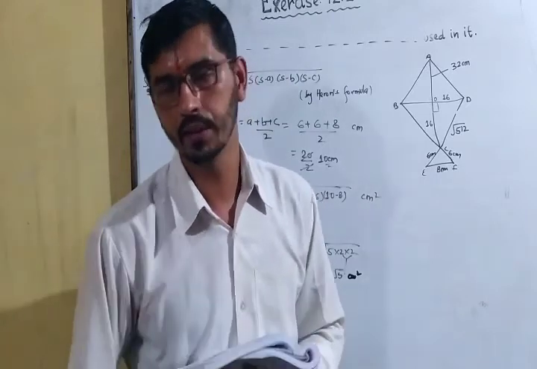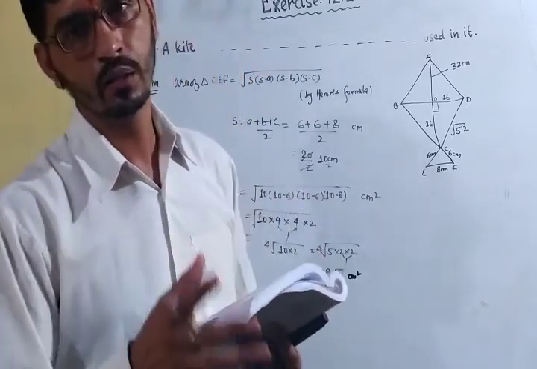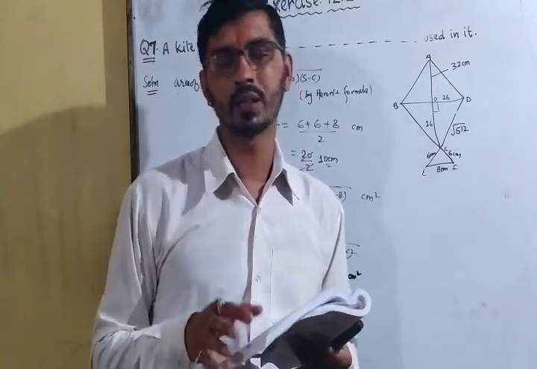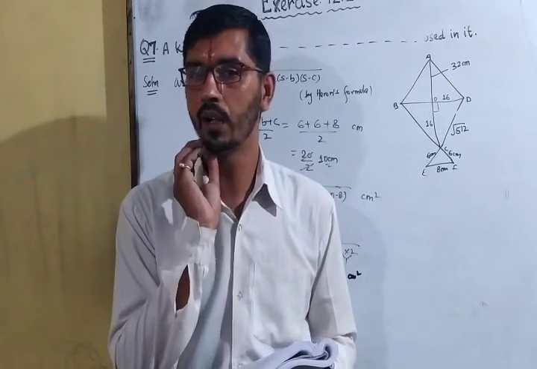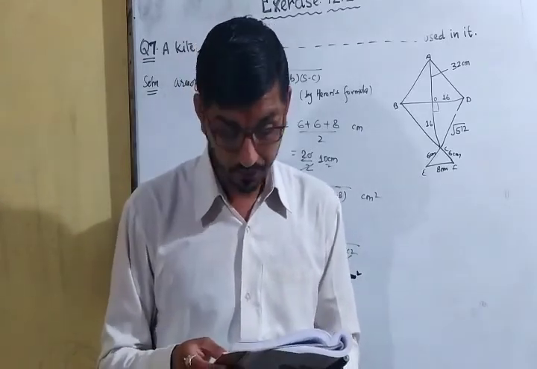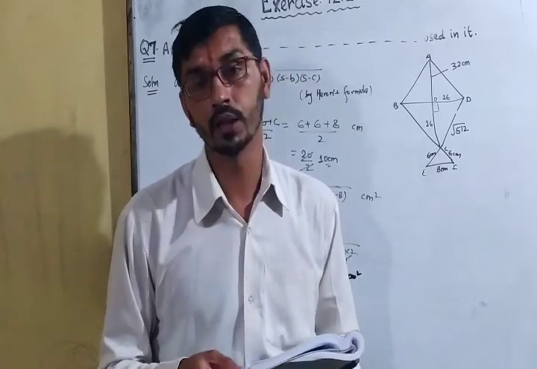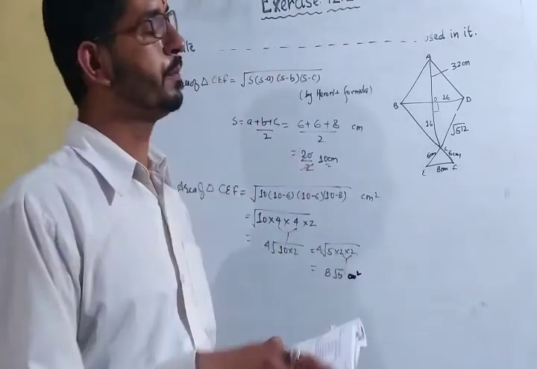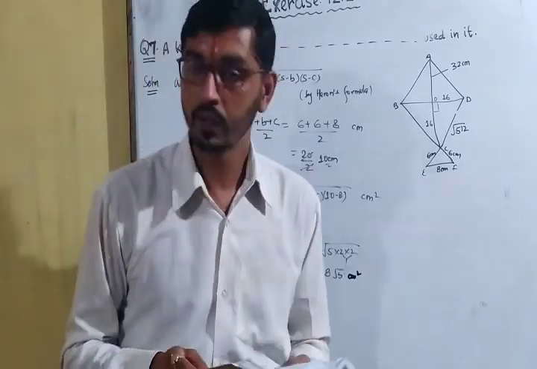Find the cost of polishing the tiles at the rate of 50 paisa per centimeter square. First you will find the area of all the colored tiles, then multiply it by 50 paisa per centimeter square. Then you will get your answer.